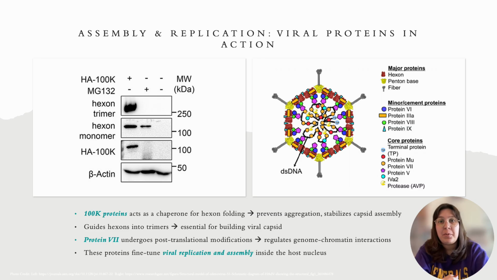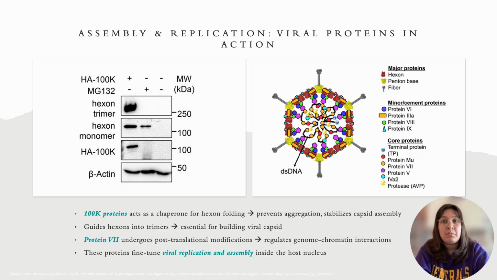Now for the viral proteins in action. Inside the nucleus, viral proteins take control. The 100K protein works as a chaperone, binding to hexons, keeping them from clumping and guiding them into stable trimers to form the viral capsid. Without it, the virus couldn't assemble properly.